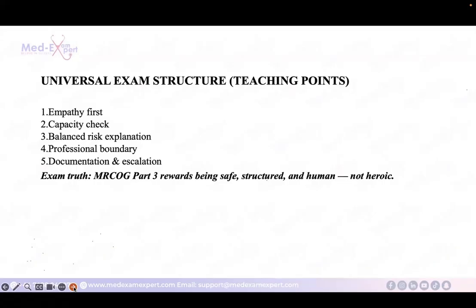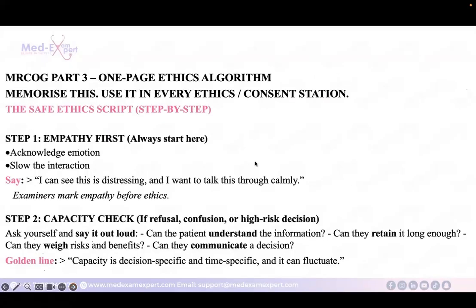The exam rewards you for being safe, structured, and human, not for being heroic and taking drastic decisions.